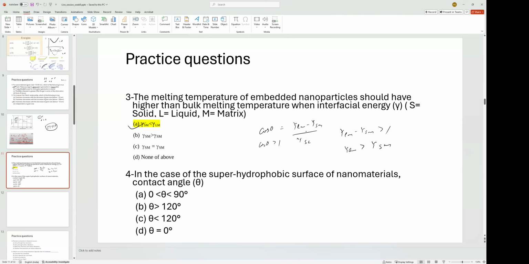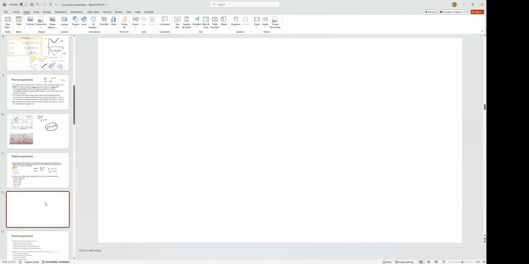So we have the formula correct. How do you define contact angle?